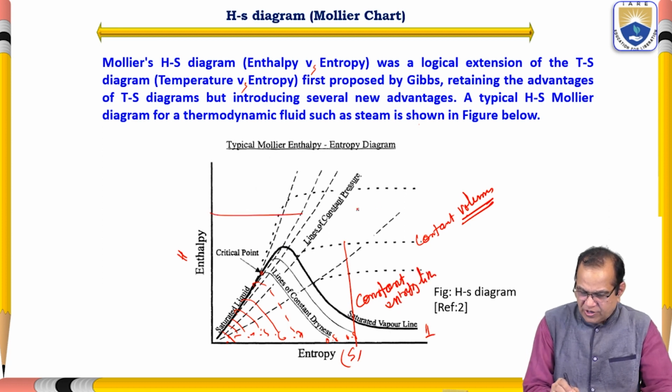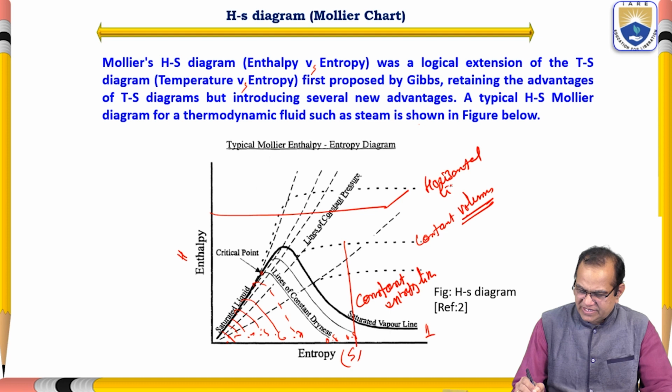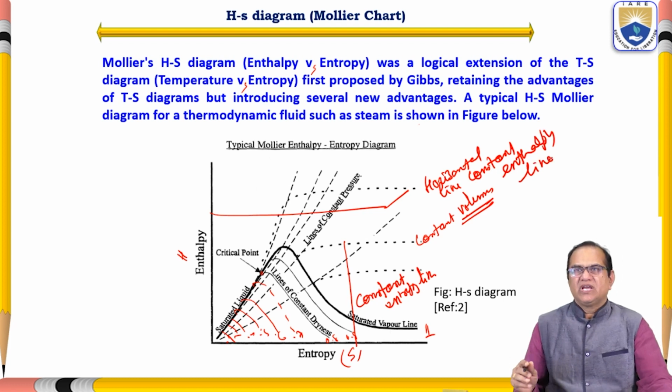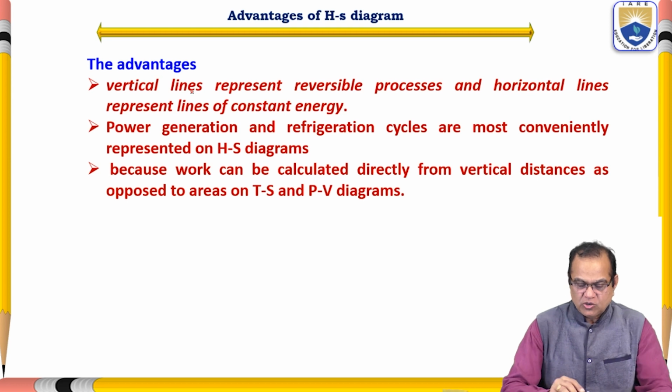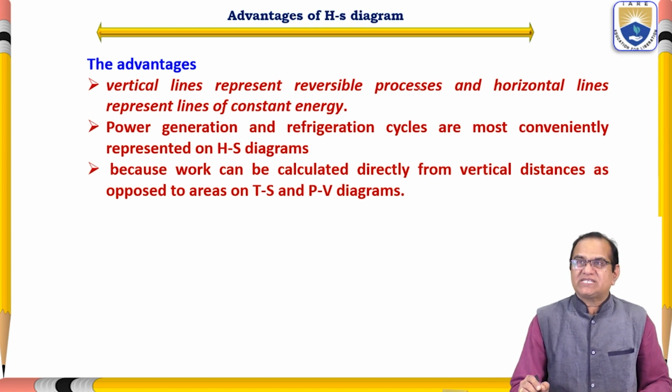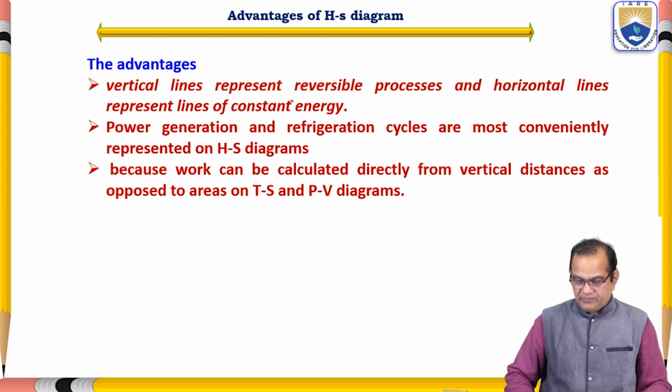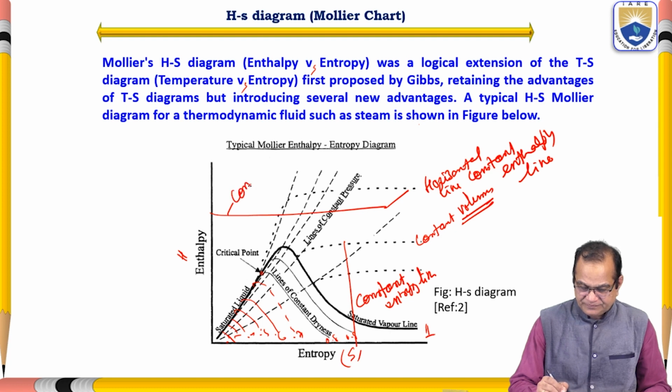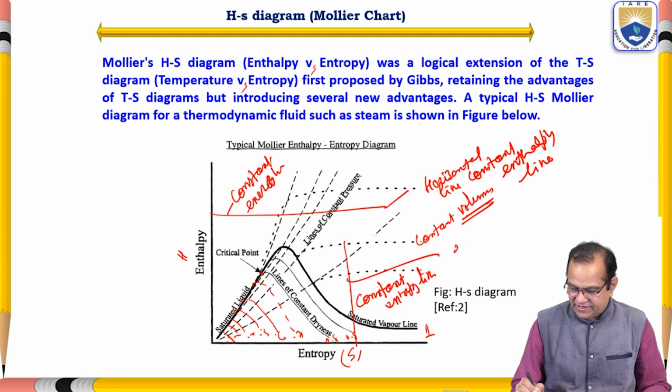And if you draw a horizontal line from here to here, this shows the constant enthalpy line.